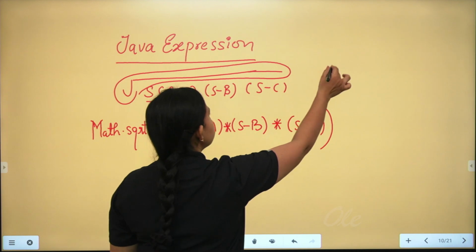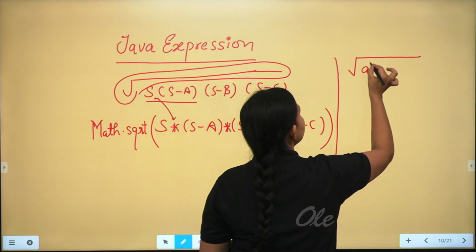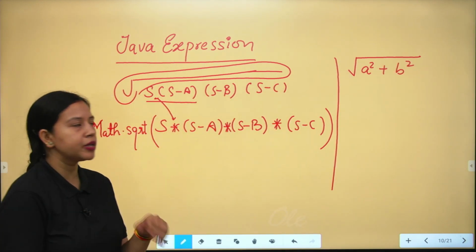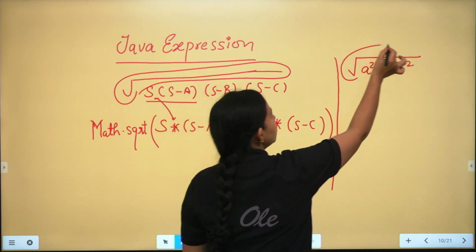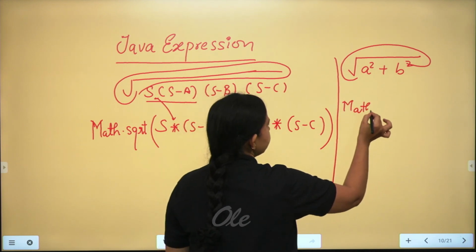If you have any confusion, let's take one more example. Suppose we need to write a square plus b square. We simply convert one by one. The square root is replaced with the help of math.sqrt.